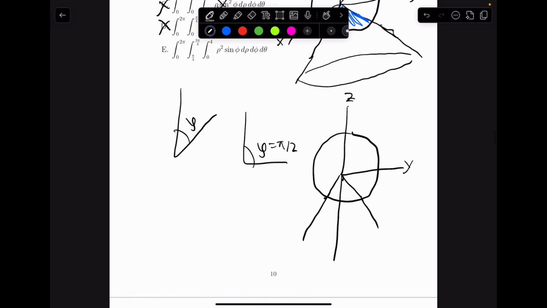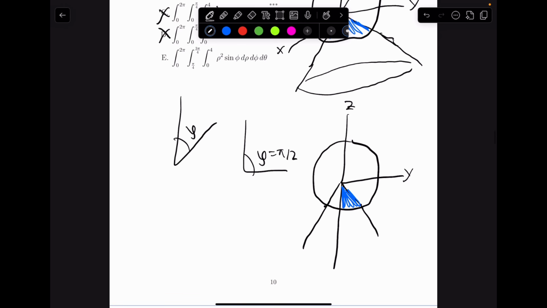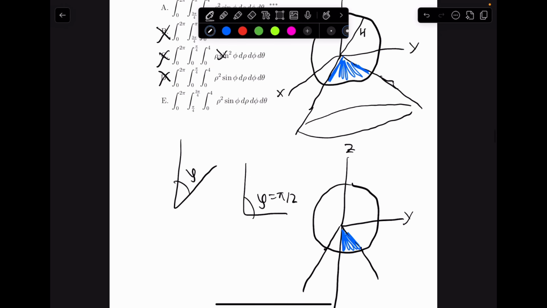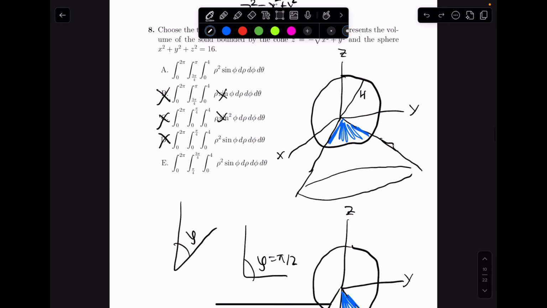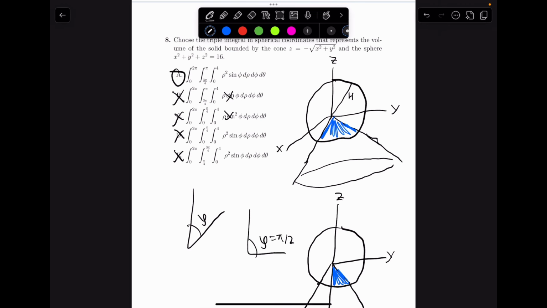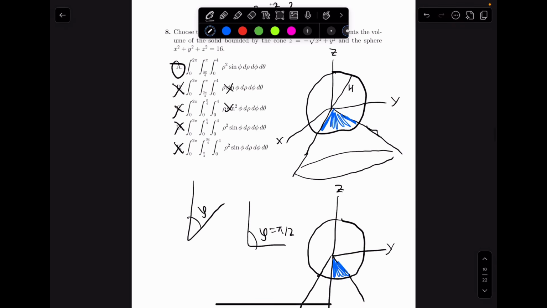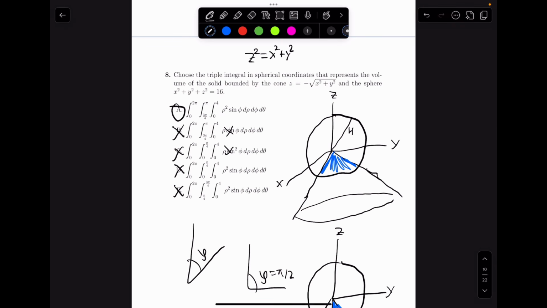We want to encapsulate this whole area right here. And that means we have to end at phi equals pi, because this line right here is phi equals pi. So E can't be our answer, so A has to be our answer. And I did work with the answers here. I really think these questions are made so you do work with the answers, or else they wouldn't be multiple choice.